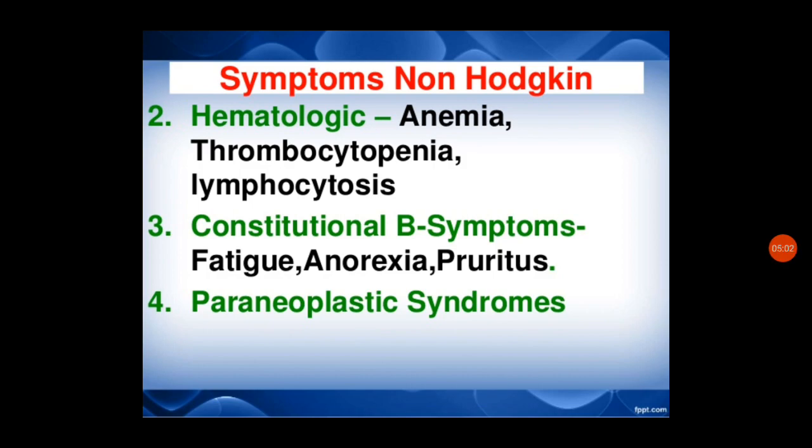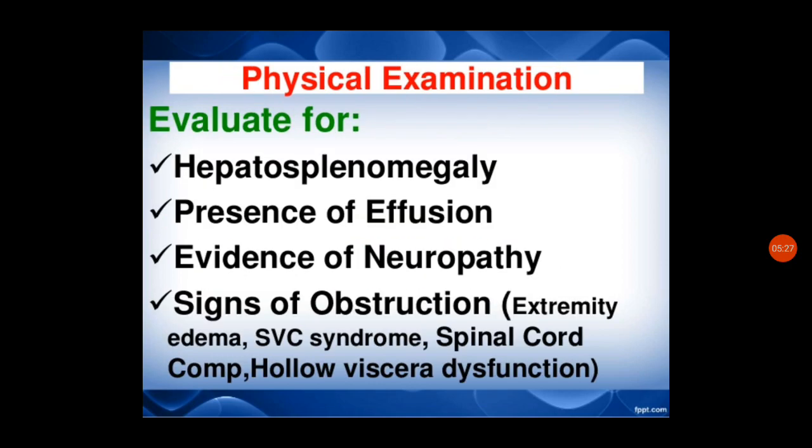Then paraneoplastic syndromes, which means the person will have an increased susceptibility to infections because the immune functioning cells are abnormal or have decreased function. So the person has a greater chance of repeated infections and other complications. All of these together we name as paraneoplastic syndromes.